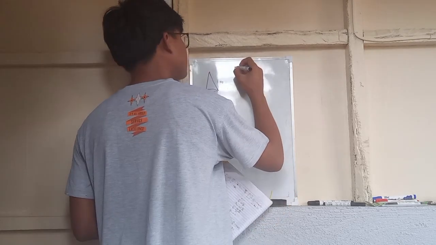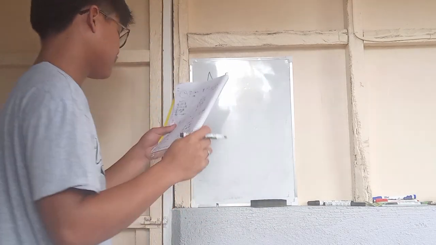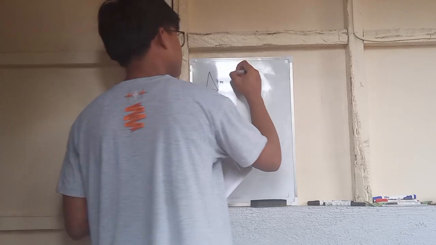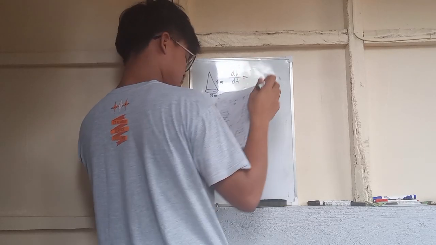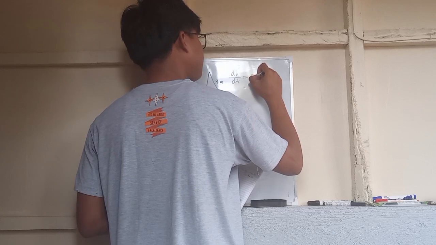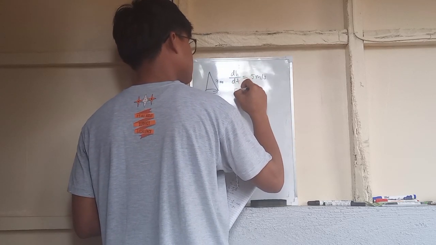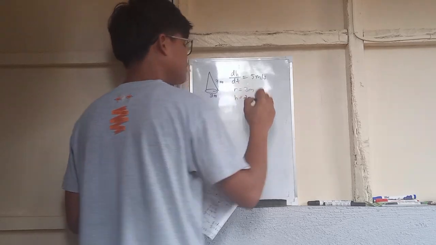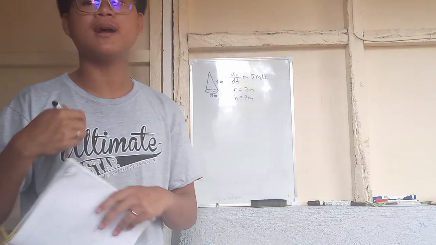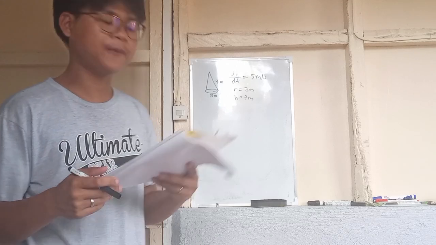So it is stated that the given rate of the height, dH over dt, is equal to 5 meters per second, and our radius is equal to 3 meters and our height is equal to 7 meters. So now that we have identified the given values in the problem, we can proceed to the formula.